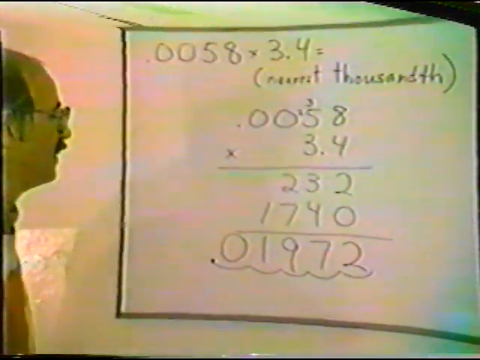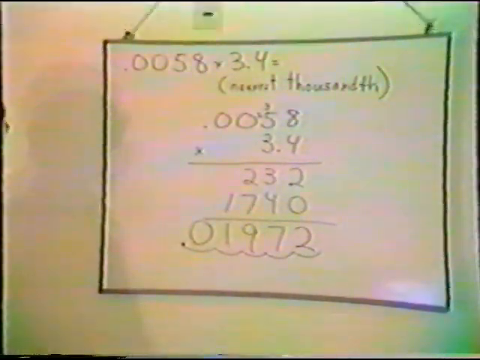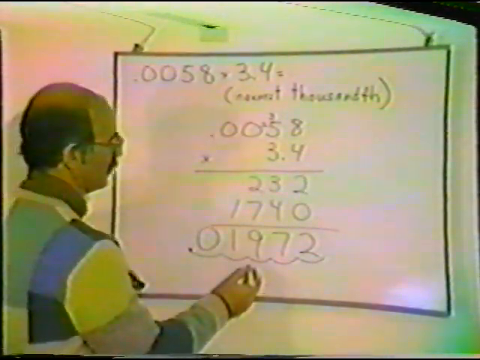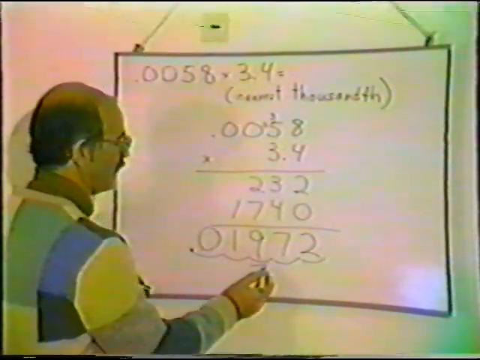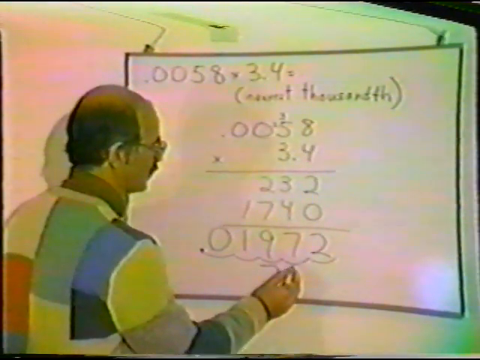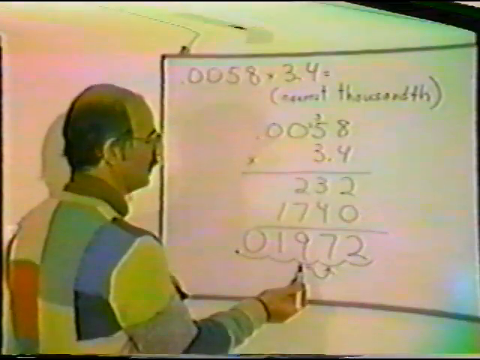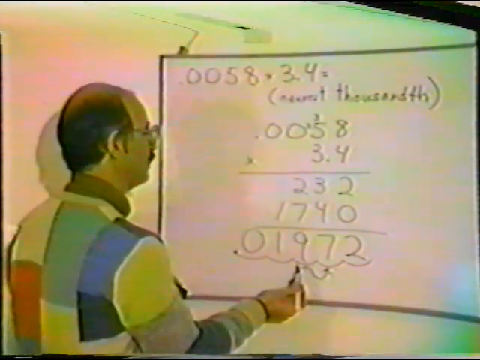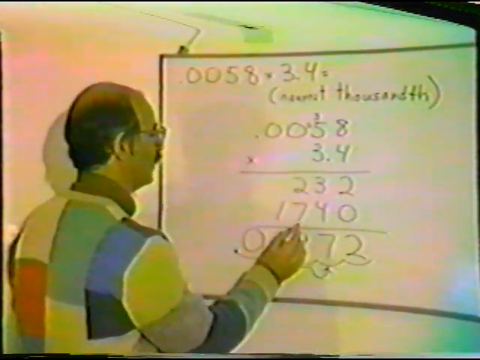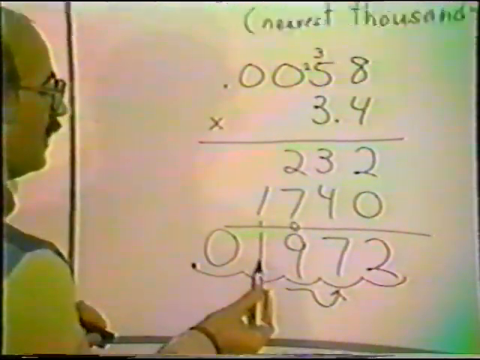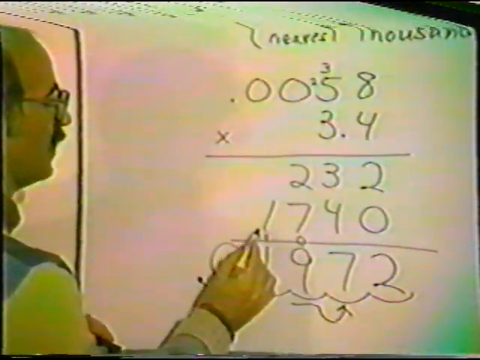Which number in the answer is in the thousandths place? 9. We underline the 9 and point to the 7. The 7 tells you that the 9 goes up and becomes 10. We have a 0 here and carry the 1. And the 1 plus the 1 is the 2.